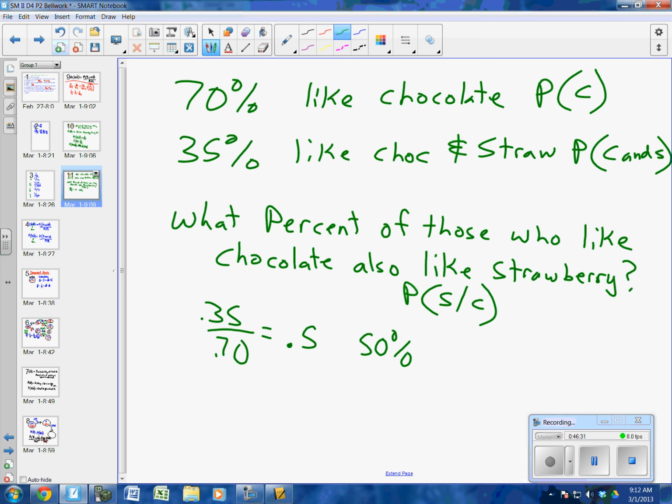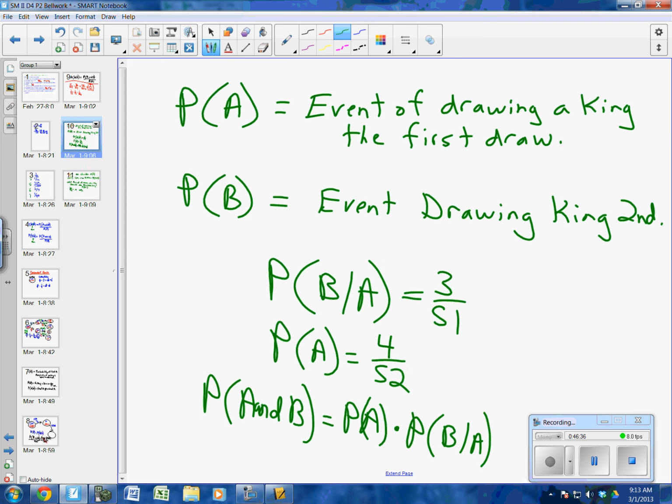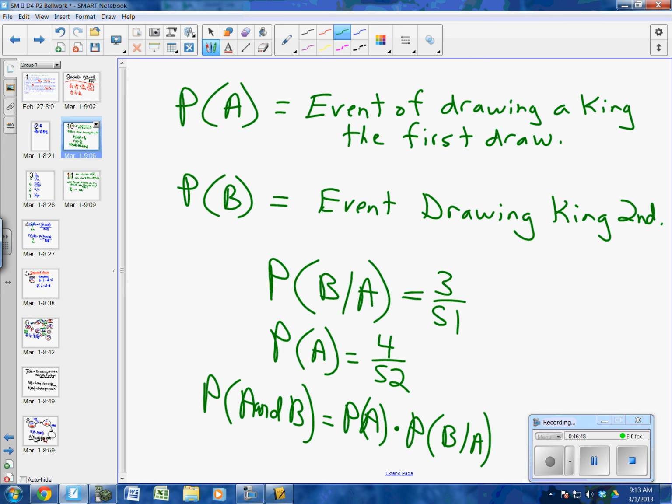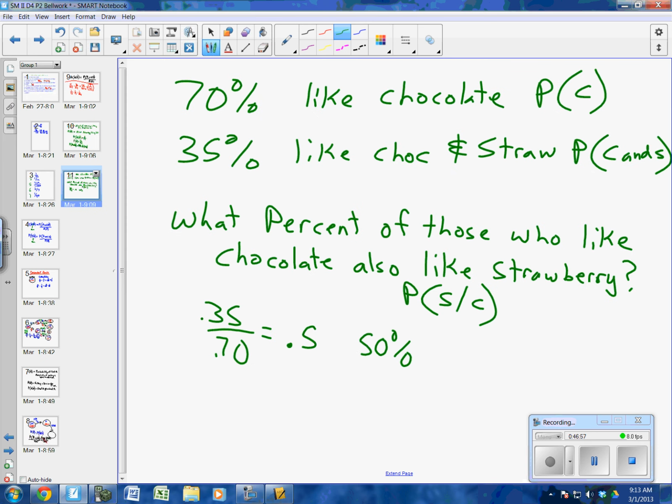Well, if we use that equation back here, which two do we know, by the way? We want to know P of S given C, right? So we're going to use these formulas right here. We're going to divide the intersection by the given probability that we have. In this case, the intersection was 35%, so we took 35% and divided it by the given.